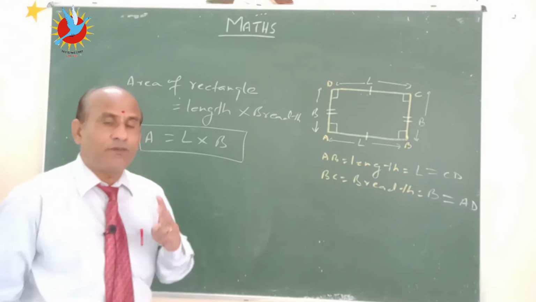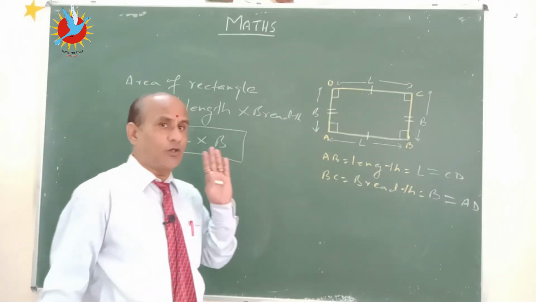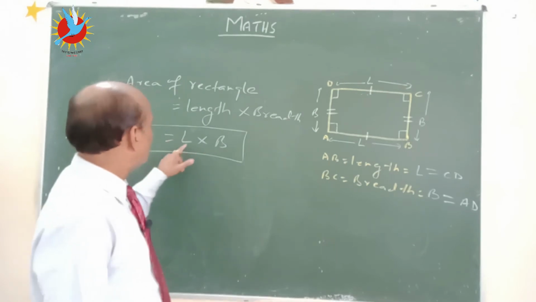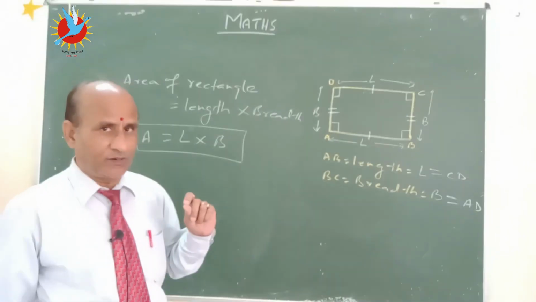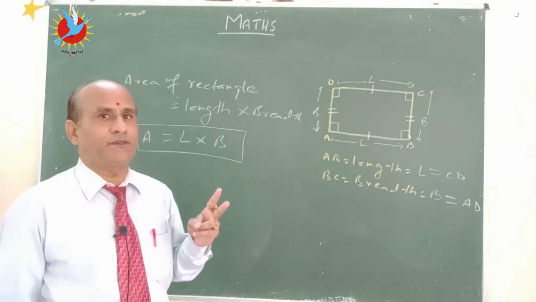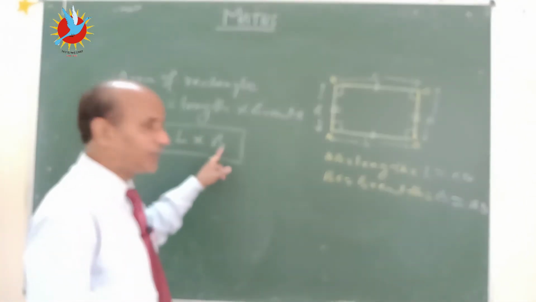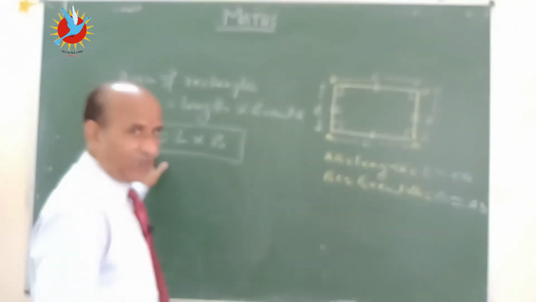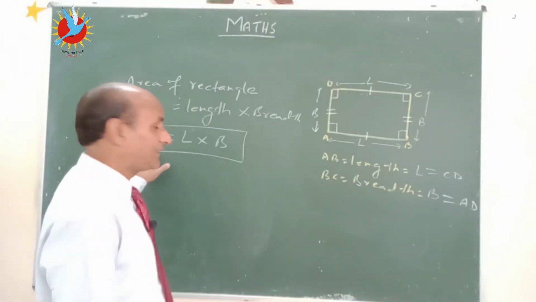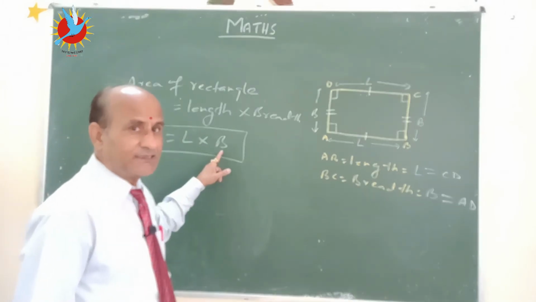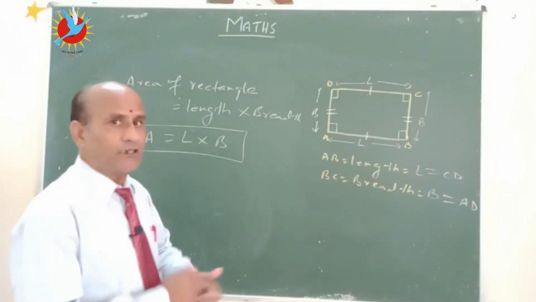Now here we have three variables: length, width and area. If two of them are given, then you can find the third one. If length and width are given, then you can find the area. If area and length are given, then you can find the breadth. If breadth and area are given, then you can find the length.